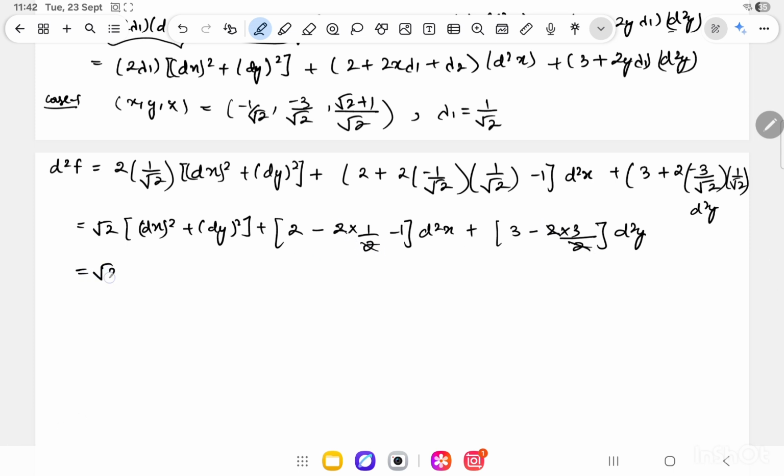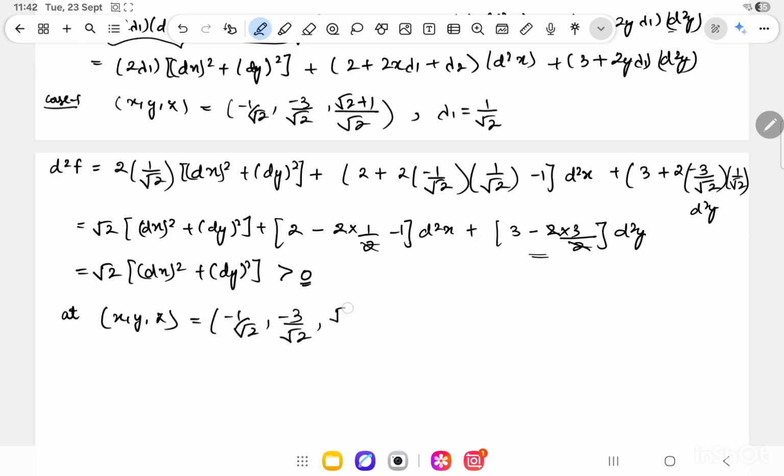So we are left with root 2 into dx square plus dy square, plus this term will reduce to 0 and here also we'll get 0. So this is the only term we are left with and it is always greater than 0. So we can say that at xyz equals minus 1 by root 2, minus 3 by root 2 and root 2 plus 1 by root 2, the function attains a minimum value.